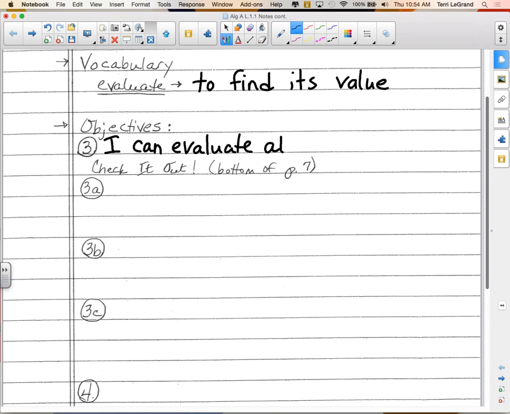I can evaluate algebraic expressions. That's quite a word. We're adding that objective, that learning goal to this lesson now. So we really have 2 learning goals in lesson 1.8. Translating between words and algebra and evaluating algebraic expressions.